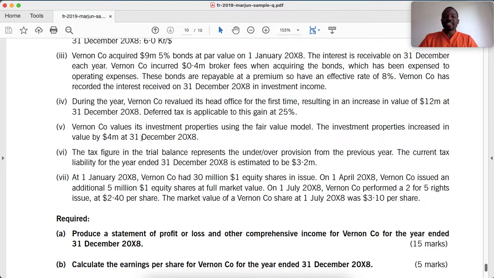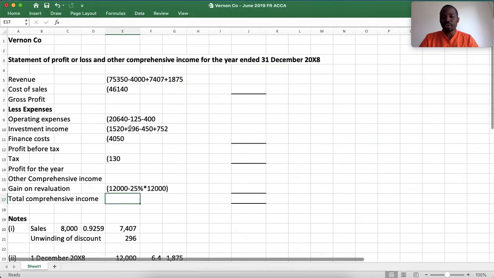If he is using the fair value model, it means he is valuing this investment property, the gains and losses, taking them through profit or loss. So this gain of 4 million will be investment income in the statement of profit or loss. So we'll come here and add 4 million, which is 4,000, like that.